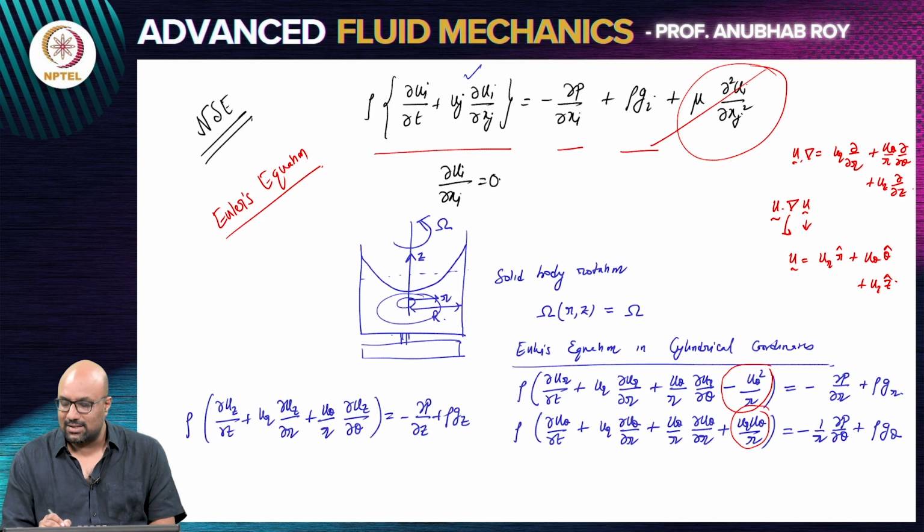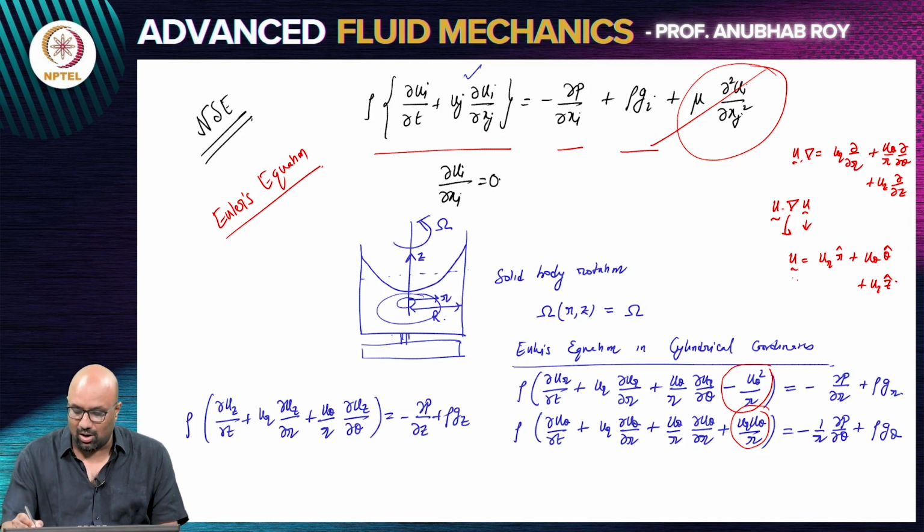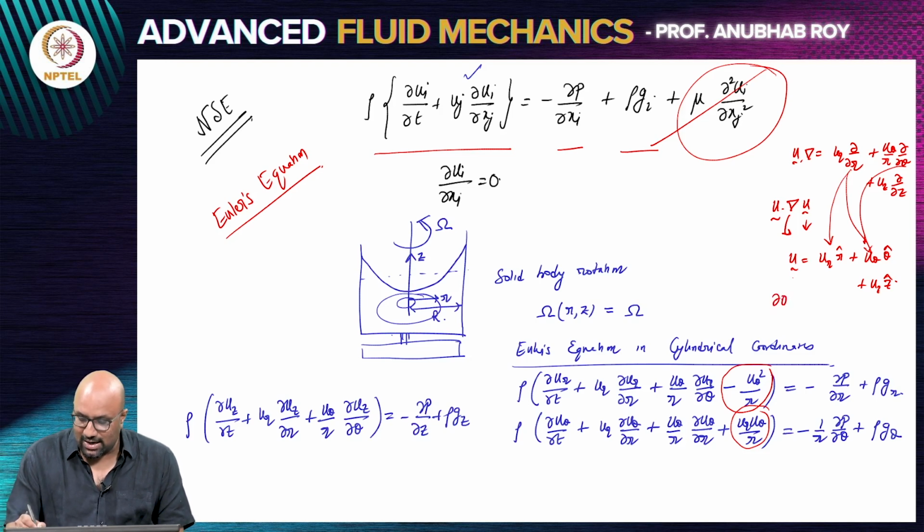When you have these quantities acting on u, we would obviously expect dou dou r acting on u r, u theta, u z. Similarly, dou dou theta acting on u r, u theta, u z, and similarly dou dou z acting on u r, u theta, u z. The additional terms come about because quantities like dou theta cap dou theta, dou r cap dou theta, these are not 0.